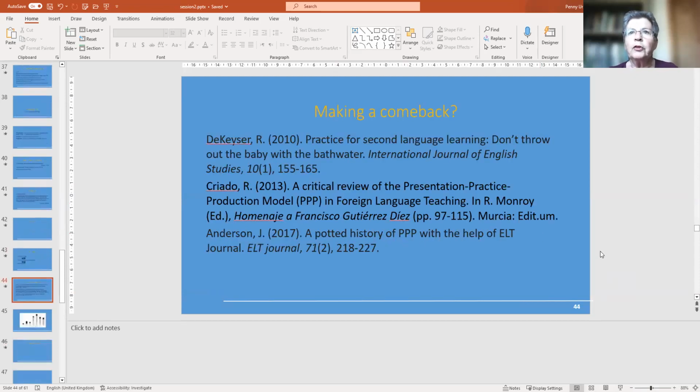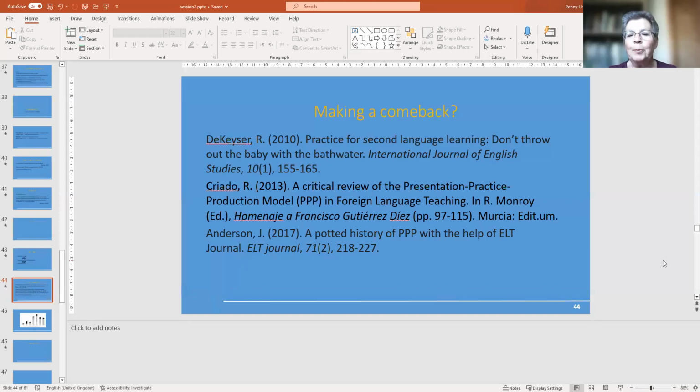And DeKeyser, as I said, is making a comeback. There are various studies here. I particularly like DeKeyser's title, "Don't Throw Out the Baby with the Bathwater," which we have a tendency to do, or at least methodologists have a tendency to do. And the last one, 2017, Anderson has a potted history of PPP with the help of the ELT Journal.